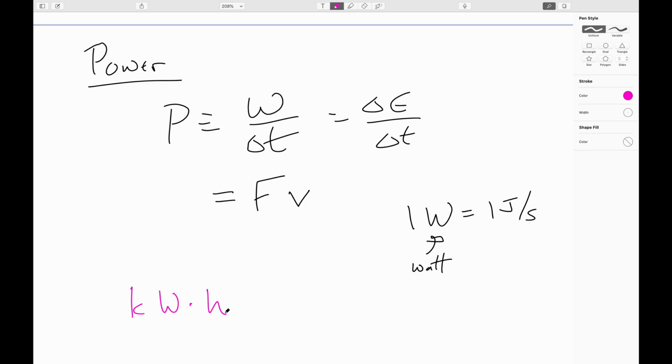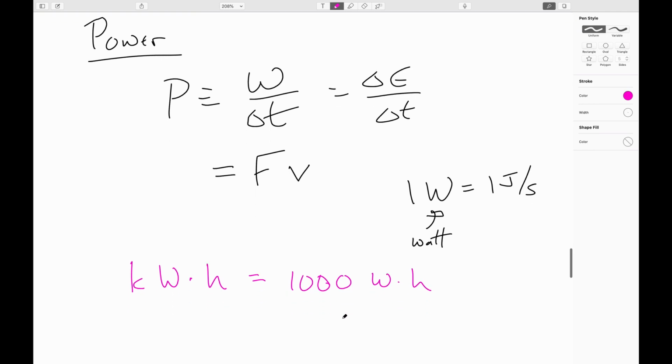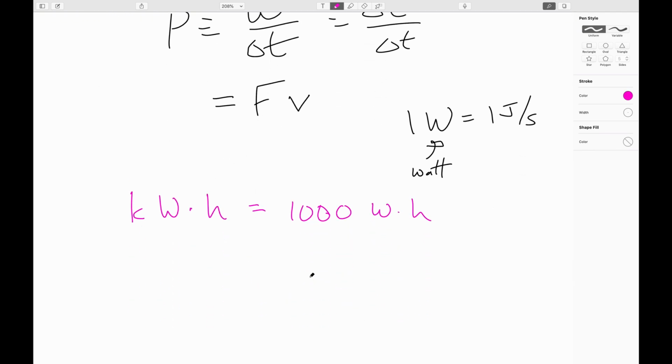All right, it turns out it's a unit of energy. Remember, the kilo prefix literally means 1,000. So 1,000 watts times hours. So we've now said that a watt is a joule per second. We're still timesing by hours here.